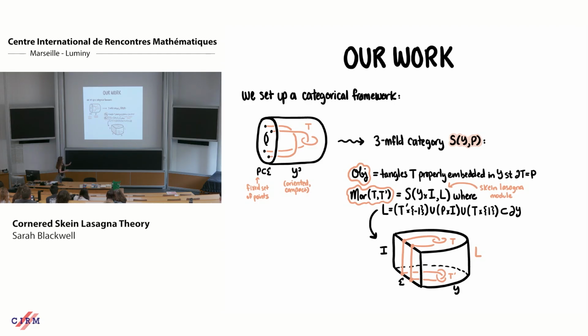Here's a schematic: the half disk part is Y, and the up and down direction is I. I have one tangle in my bottom copy of Y, and one tangle in my top copy of Y, and to connect them together, I need to do P cross I. When I do that, I get a link. And the Skein Lasagna module of this 4 manifold, with that link in the boundary, is going to be the morphisms between T and T prime.